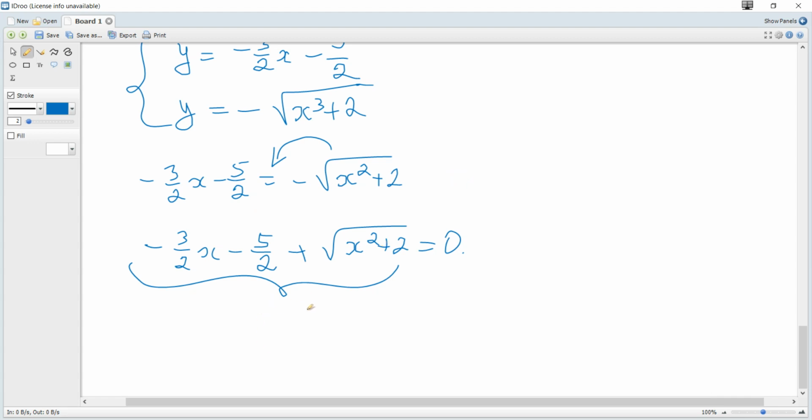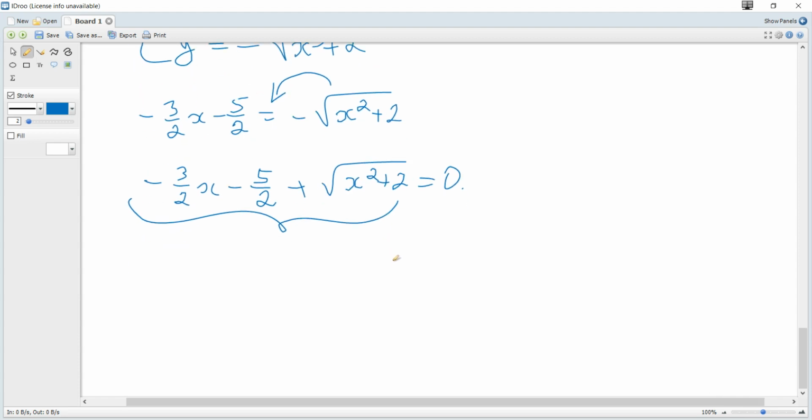But if you move everything to one side and equate it to 0, you need to plot only one graph and find the x-intercept, or zero of this function.